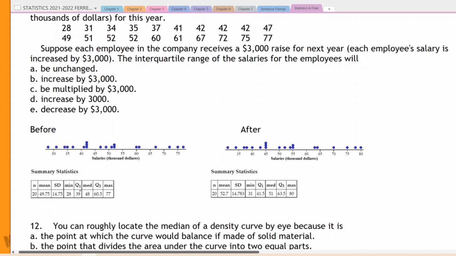And furthermore, if we decided to compute the IQR, that would be the subtraction of these two numbers. So maybe we can do that really quick. That's 60 minus 39, that's 21.5. Over here, we can do the same thing, Q3 minus Q1.